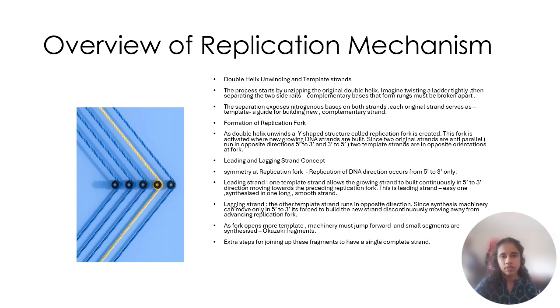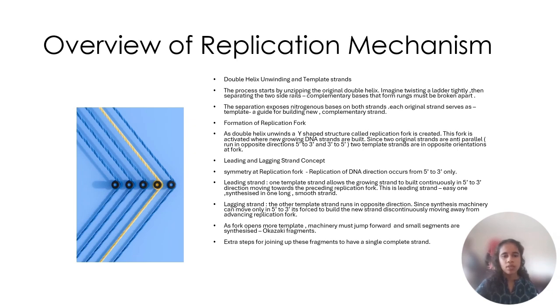It precedes the synthesis, moving in the direction of the advancing replication fork. This is called the leading strand, and it runs in the 5 prime to 3 prime direction.